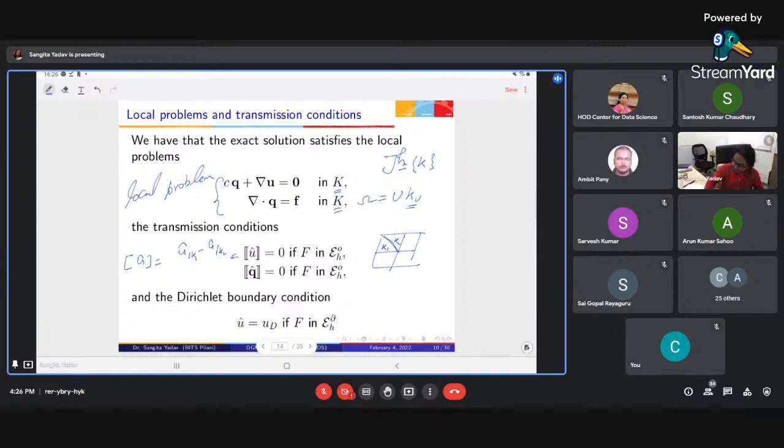What we need is that this function, u hat, which is the trace, should be a single valued function. It should take the same value whether we come from k1 on the boundary of this triangle, or from the triangle k2.